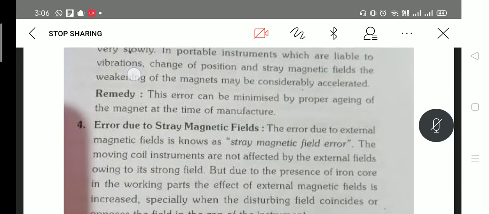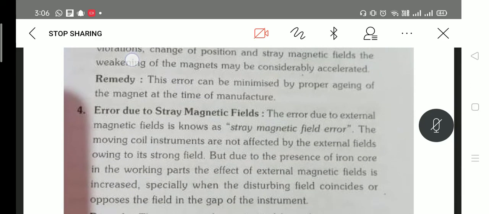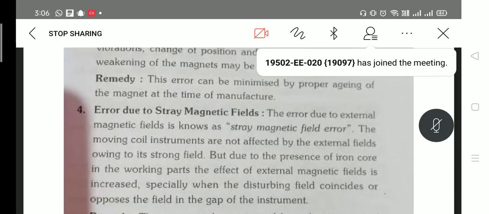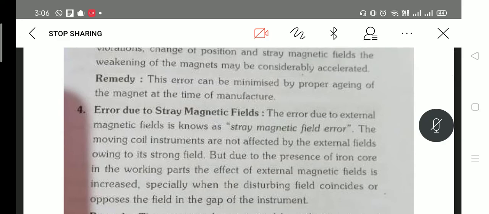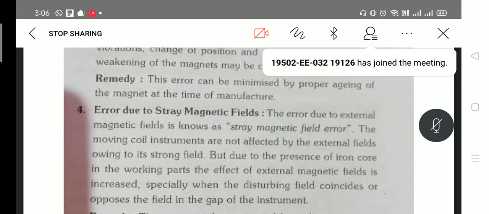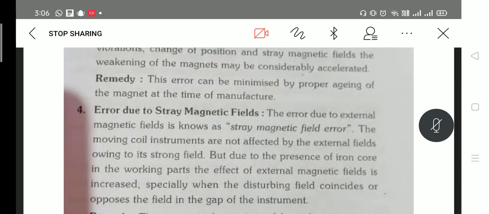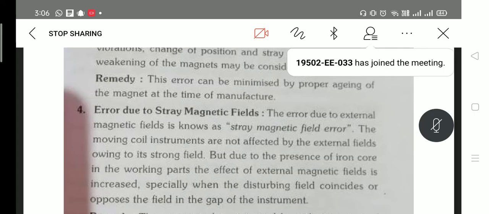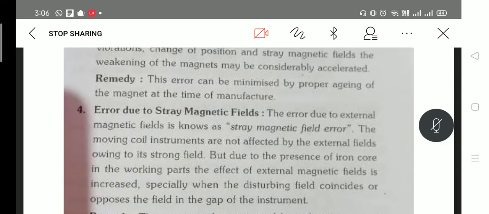Next one is error due to stray magnetic field. It comes from external fields. Any external magnetic field is called a stray magnetic field. Okay. The moving coil is not affected by external fields, but due to the presence of the core, some external magnetic fields are increased.